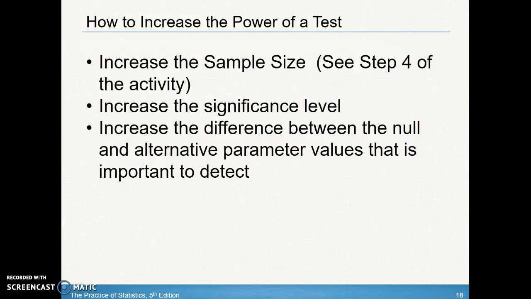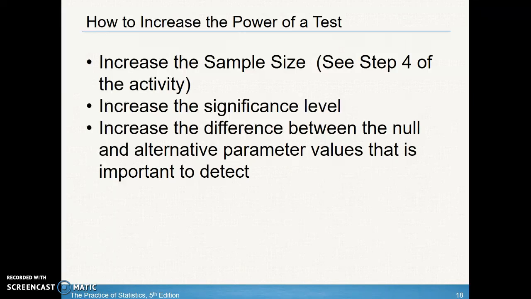So you can increase the power by these three methods. You could increase the sample size. So like if you do the activity that I'm going to ask you to do, then you'll see that in step 4. You could increase the significance level to something bigger. You could increase the difference between the null and the alternative parameter values.